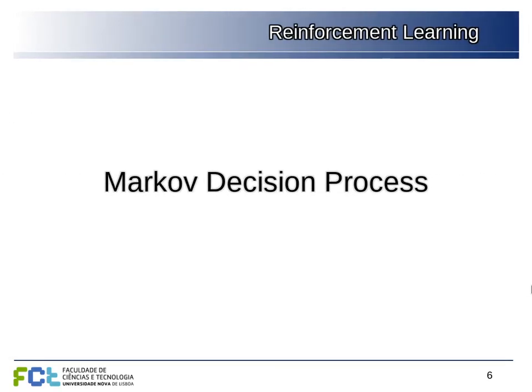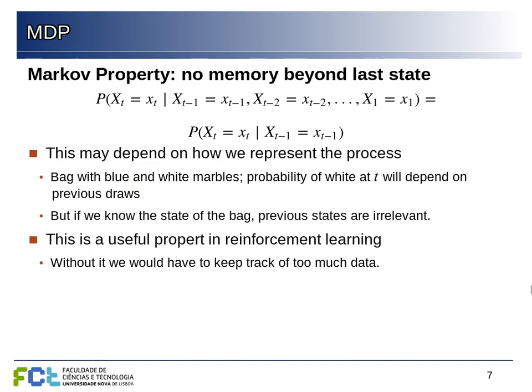So let's first see this notion of a Markov decision process. This Markov property is the property that the probability of some state at some time, given everything that went before, only depends on the previous step. So this may not always occur.